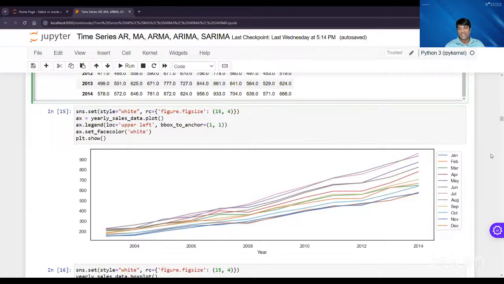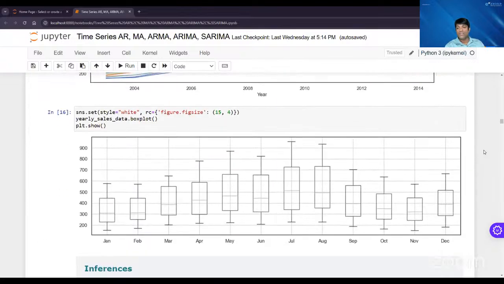That is why the data is actually non-stationary, right? It is not in a stationary form. So the same thing, we are plotting a box plot. Okay. So if you see the box plot, there are lots of ups and downs again in the data set. Okay. So that is where we can see that the continuity or the consistency is not there.